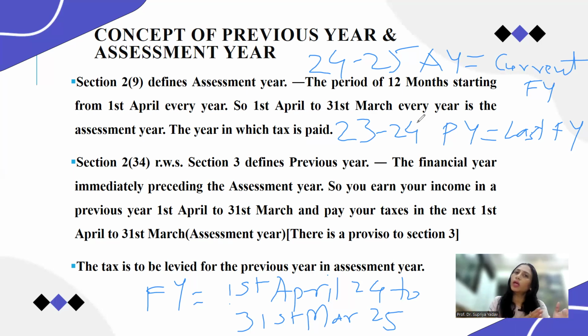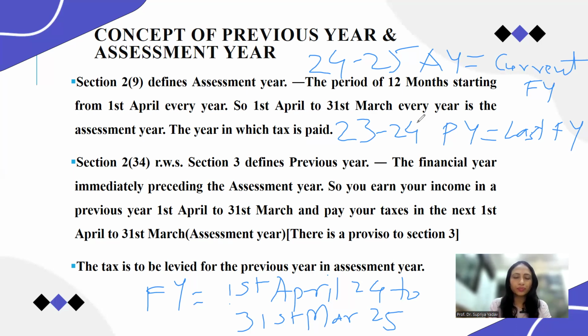So we have to wait up to 31st March. Then in the next year we are going to assess. We are going to tell the income tax department that this much income we had in the last financial year, and we are paying the tax on that in this current financial year. So the current financial year becomes your assessment year, and the last financial year becomes your previous year from the income tax point of view.